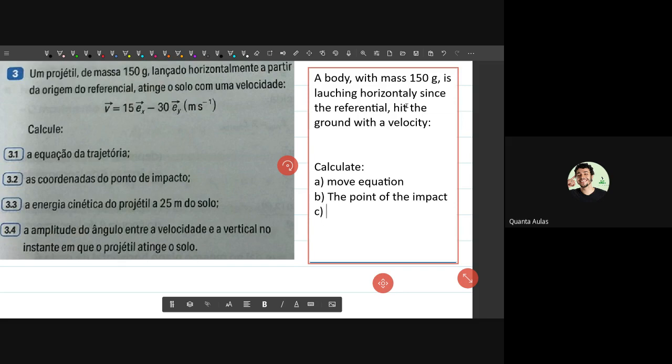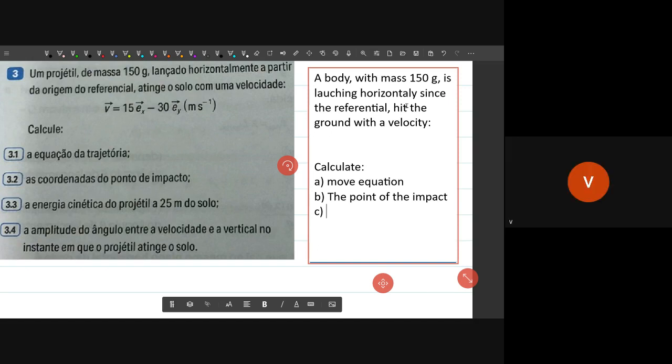C. Energy. Energy is new to me because we don't speak about energy yet, but have you already seen this in your physics class? Did you learn about energy?